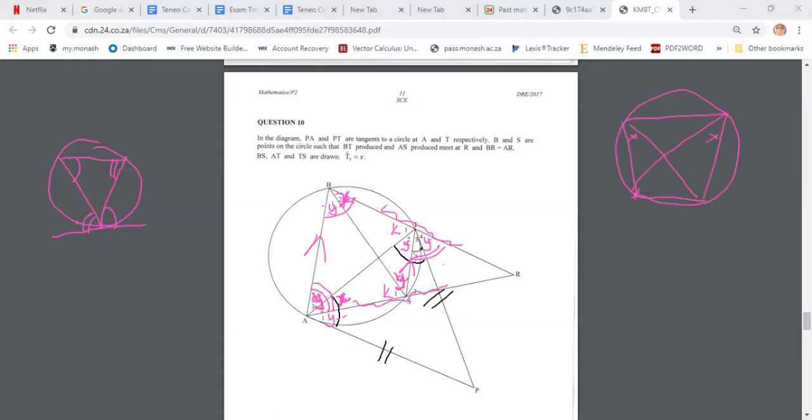There's your butterfly. Tips are equal, bottom tips are equal. Then there's that butterfly. That equals that, that equals that. So don't forget about angles in the same segment, because that's enough to prove that it's a cyclic quad.